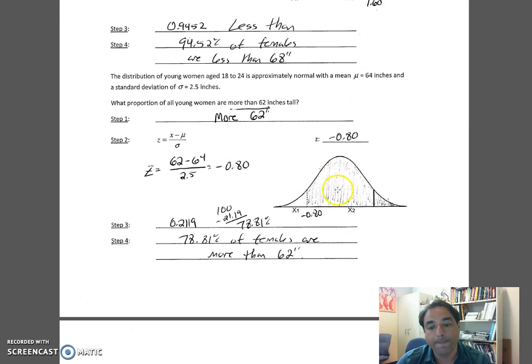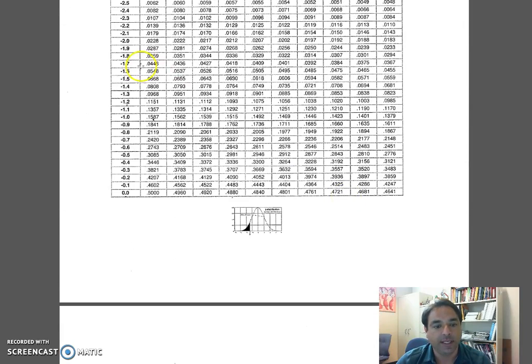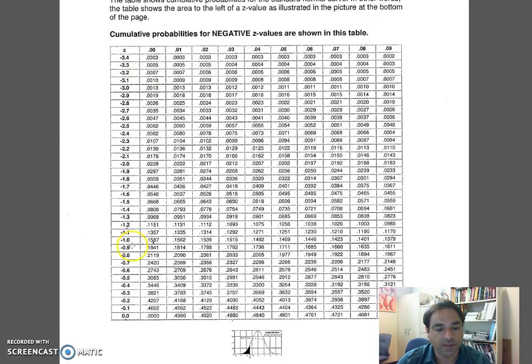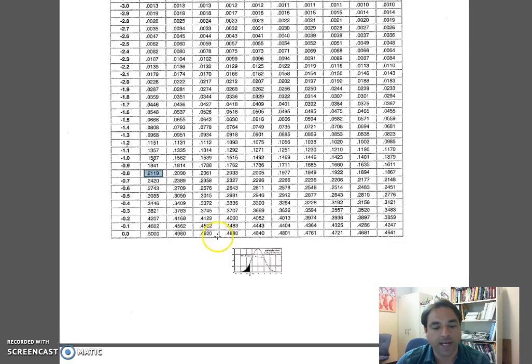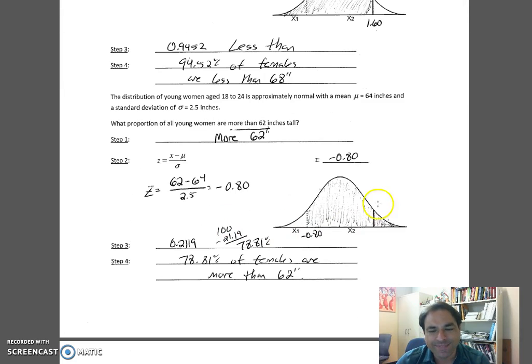We're looking for more than. Now be careful. When we go to the table and look up negative 0.80, we get 0.2119. Now, we drew the picture for a reason. This doesn't look like 21%. The table always tells us less than.